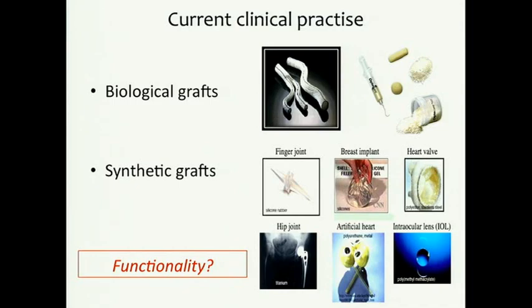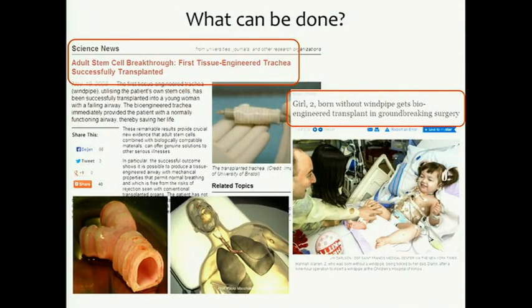From now on, I just want to give a little information on tissue engineering and what we are doing and how we are using these biomaterials to try to engineer tissues within our bodies. Current clinical practice is using biological or synthetic grafts, but the big question mark here is how functional these grafts are that you are using.